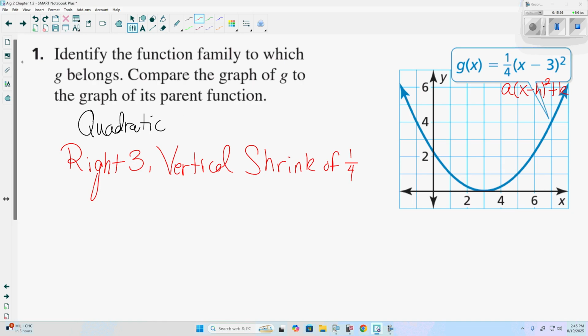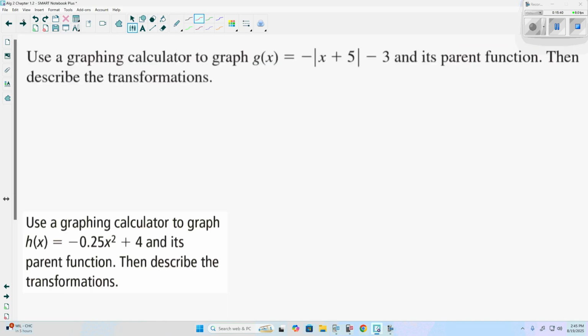We're ready for the next one. g of x equals negative absolute value of x plus 5 minus 3. Well, this here is absolute value.